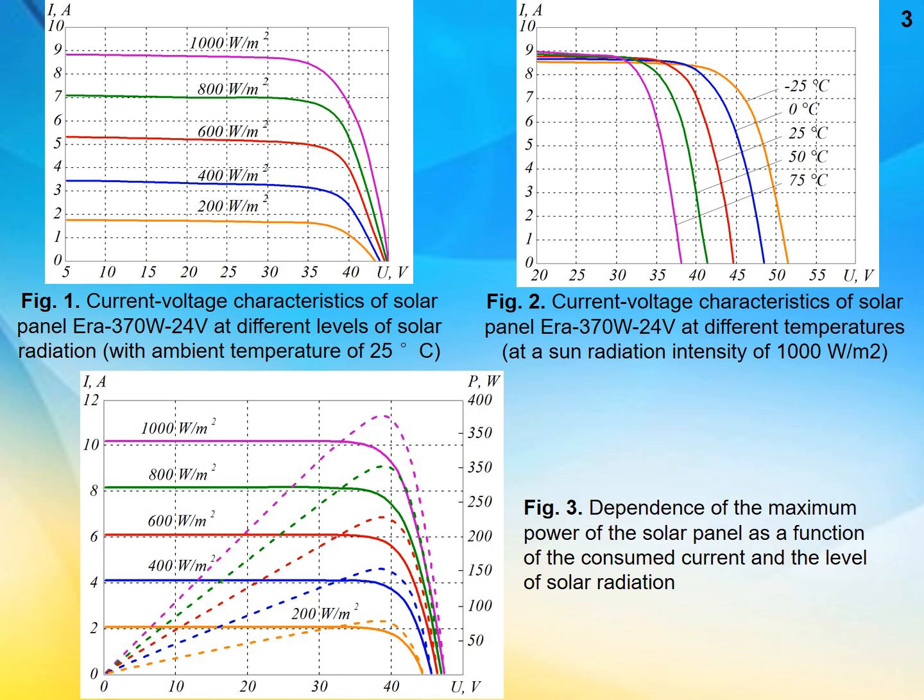Thus, by regulating the solar panel current, it is possible to obtain the maximum power, which is functionality realized by the semiconductor converter that takes power from the solar panel.